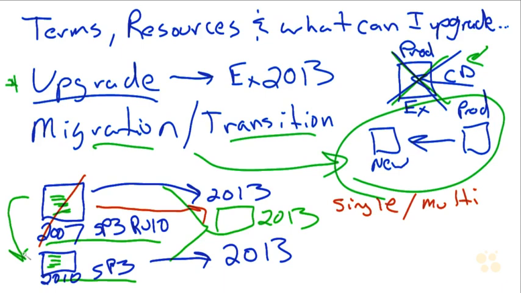You can do that. However, most environments, especially the ones that I work with, and I imagine yours too, have more mailboxes and a more complicated environment than something you just want to try to pull off in an afternoon. So a multi-phase migration means that we're going to have coexistence.